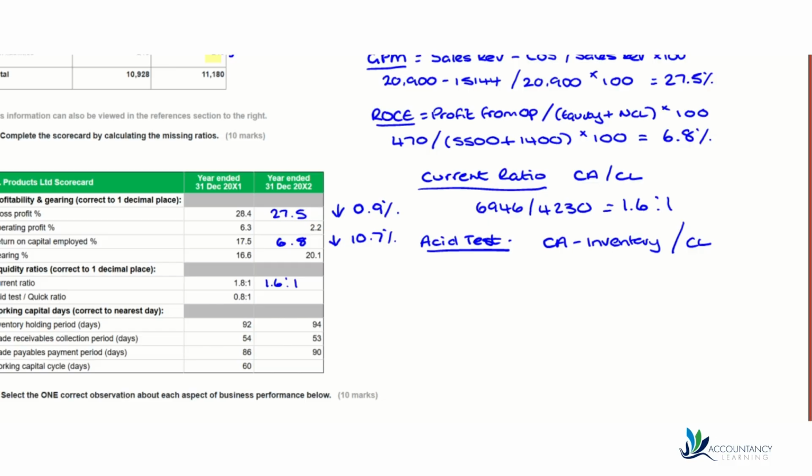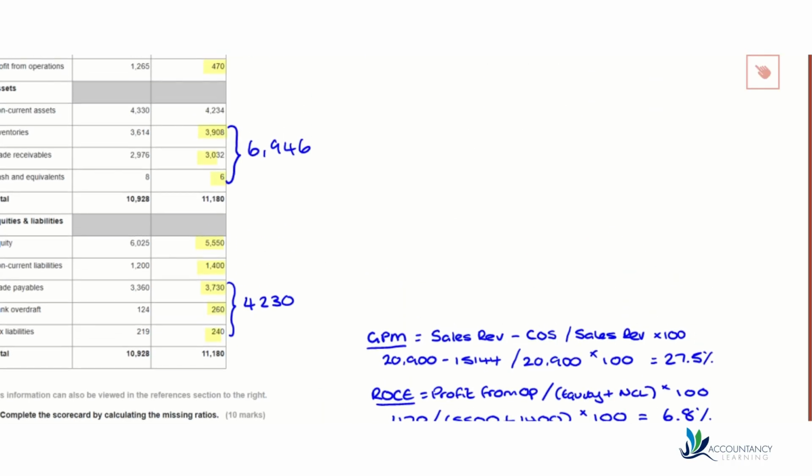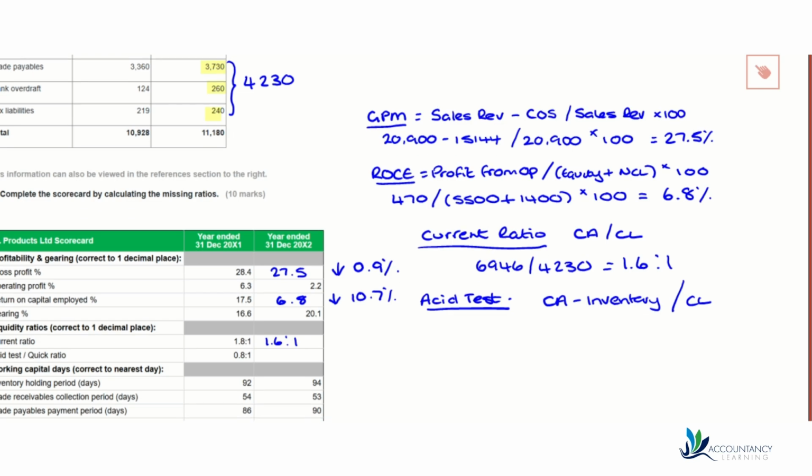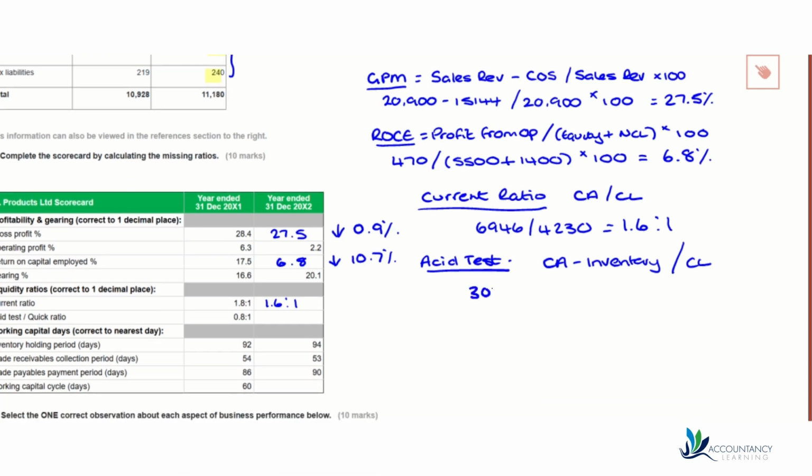So this time, when we're up at the top, we're going to exclude the 3,908, which is the inventory value, which gives us a value of 3,038. And we're going to simply use that to divide over the current liabilities. And that's going to give us an answer of 0.7 to 1.